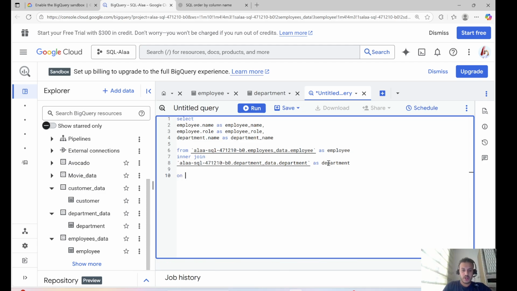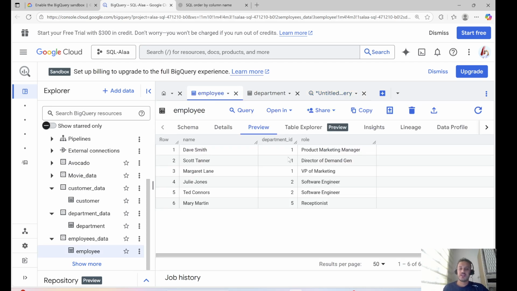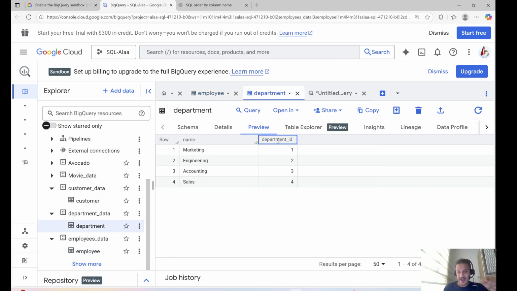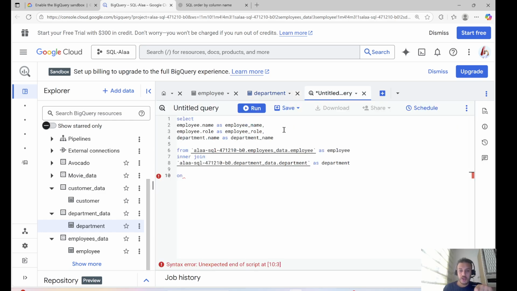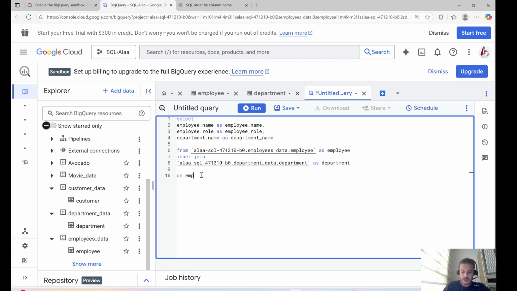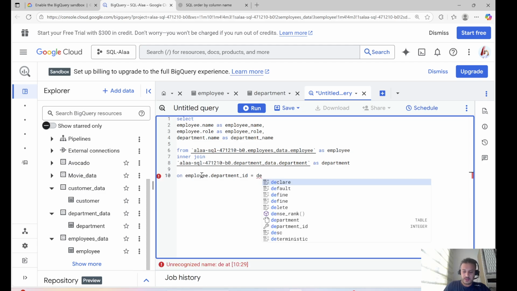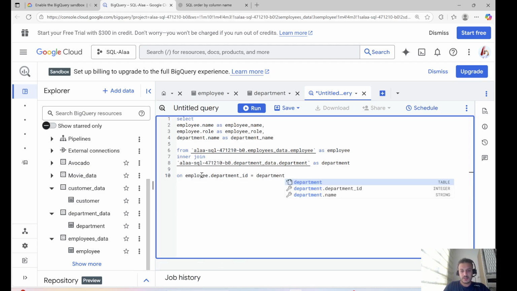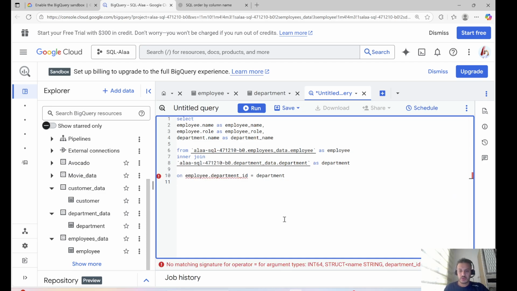ON we have the department ID in the employee table and the department ID in the department table. So ON employee dot department ID equals department dot department ID.